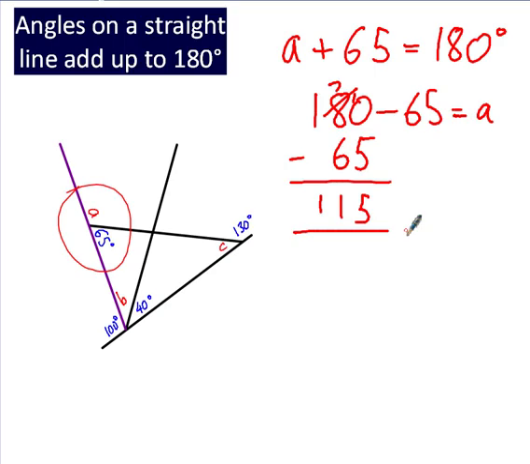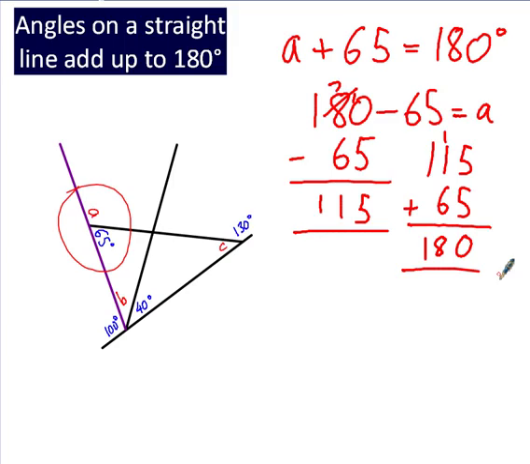So I get 115, and we can quickly check that by adding them together again, and we should get 180. 5 and 0 is 5, 1 and 6 is 7, and 1, yeah, 180. So A equals 115 degrees.